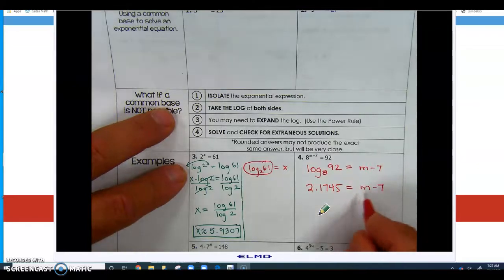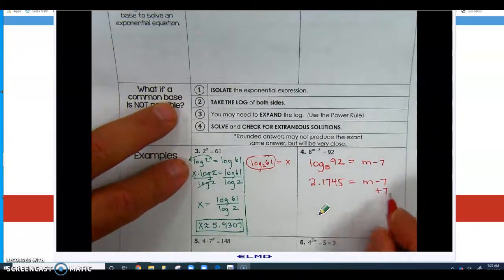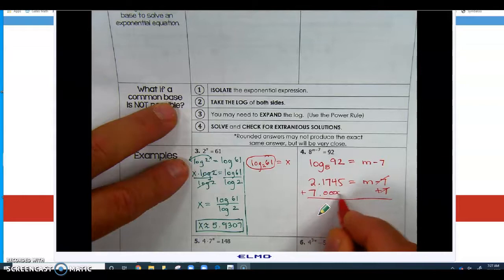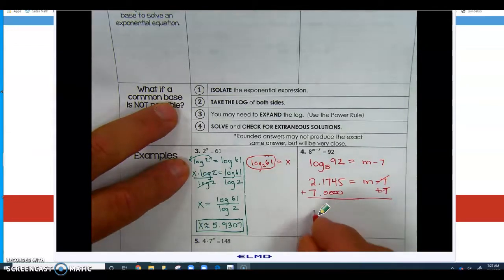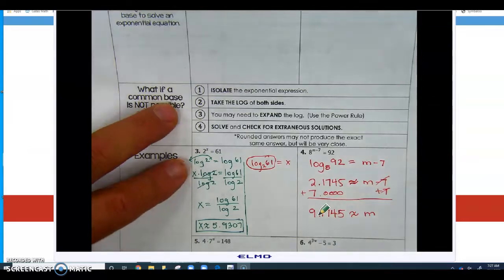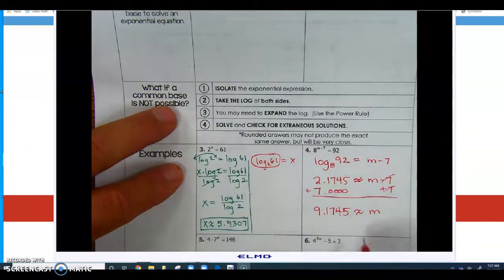Now, remember, m's not by itself yet, so just add 7 to both sides. So the answer is 9.1745 is approximately equal to m. Okay. Why approximately? Because I had to round off this number when I got it out of my calculator.